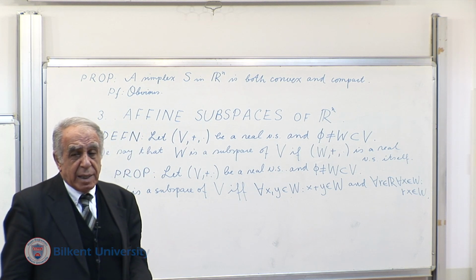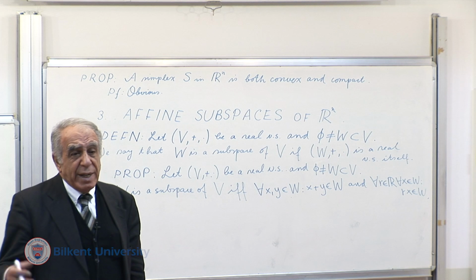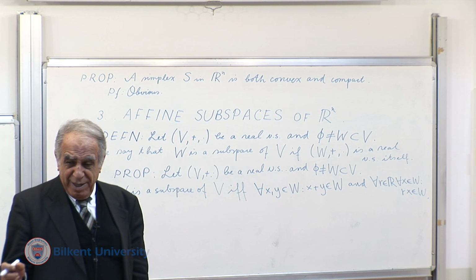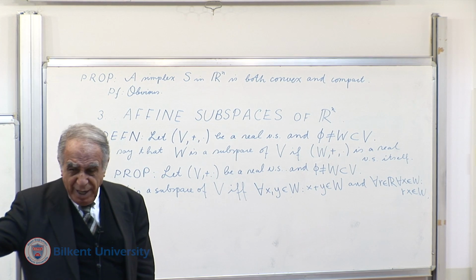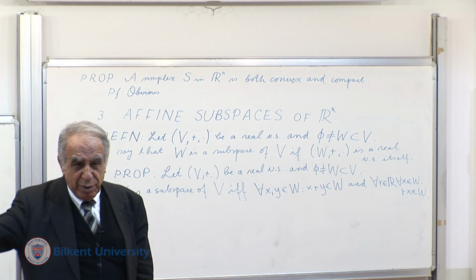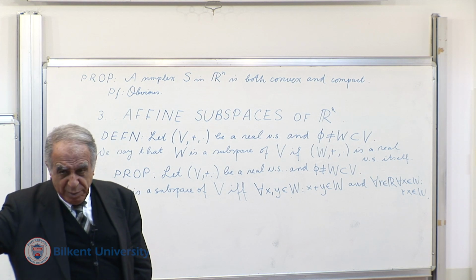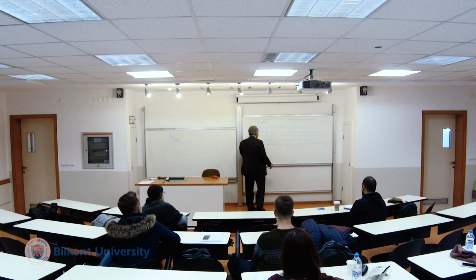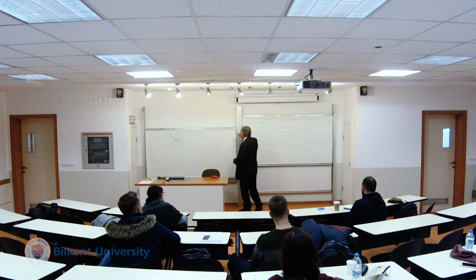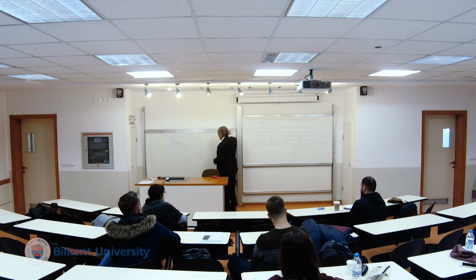If I take r as -1, then -1x will be in W. But -1x is the additive inverse of x, minus x, that will be in W. x plus minus x will be 0, that will be in W, and so on. So this is just a quick reminder of what we'll be using.